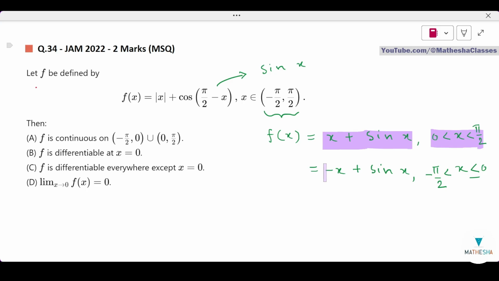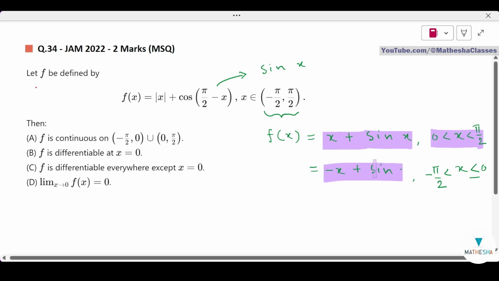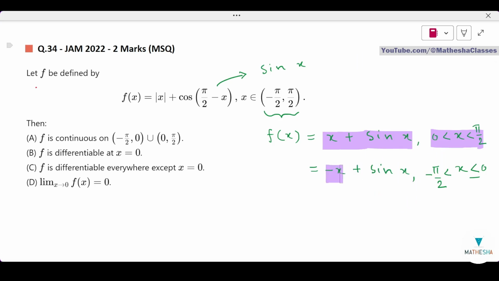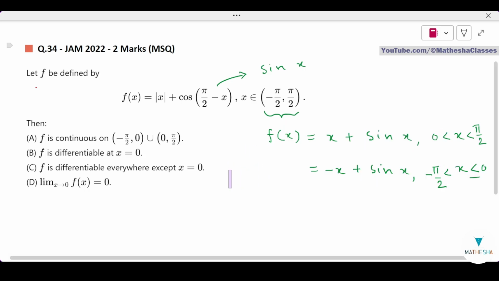Similarly, the other expression minus x plus sin x is also continuous on minus pi by 2 to 0. So that means f(x) is continuous on minus pi by 2 to 0 as well as 0 to pi by 2. So definitely it is continuous on their union. So option A is correct.